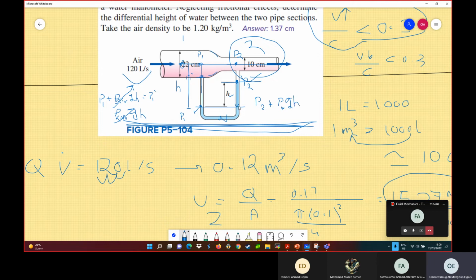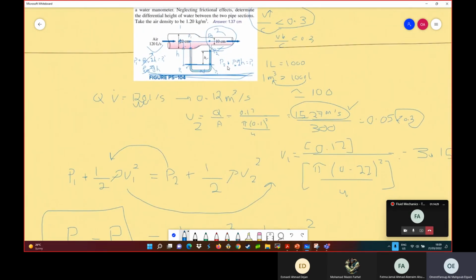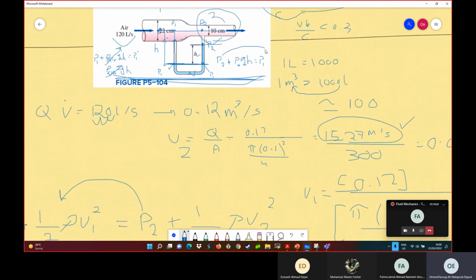I reach this point, and whenever two points are at the same level, you have the same pressure in the manometer. So this is P1, meaning that this is also P1. So P2 plus rho water g h is equal to P1. What I have here is P1 minus P2, so rearrange this equation, bring P2 to the other side. We'll have P1 minus P2 is equal to rho water g h.